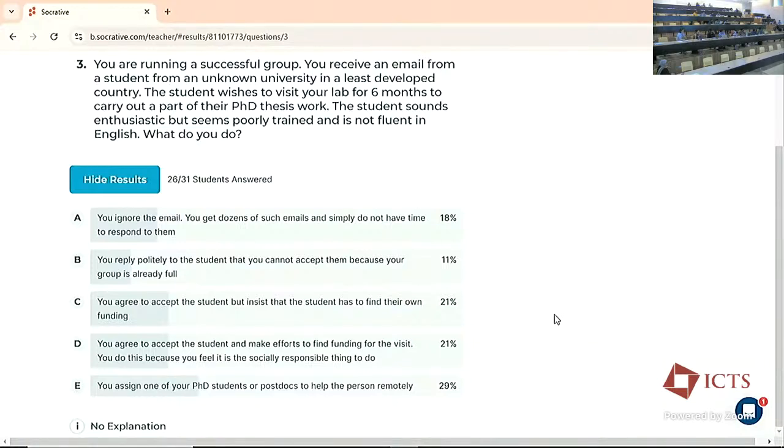I don't know if this is the way it was meant, but I think assigning a PhD student or postdoc, they are there for their professional development. So if this is an opportunity that they want to take advantage of, of course they should do that. And it's very positive. They can create positive change. But there is a power dynamic between the head of a group and the PhD students and the postdocs in the group.